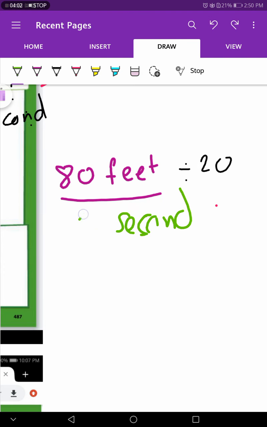And what do I get up? Divide 80 by 20, the 0 cancels with the 0. 8 divided by 2 equals 4. So I write here 4. So 4 feet in 1 second.